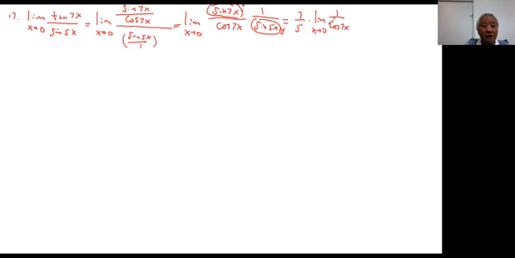So x approaches 0, this equals what? Amanda, this one equals what? Cosine 0 equals what? No, 1. Yeah, and 1 over 1 is 1, so 7 over 5. Get it? No problem?